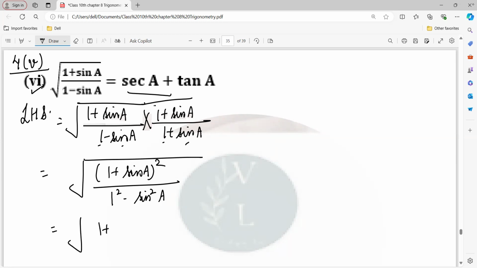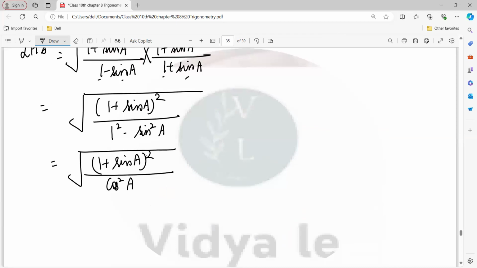Now, we got 1 plus sine A whole square upon 1 minus sine square A, which is cos square A, right? Now, we can cancel square and square root with each other.